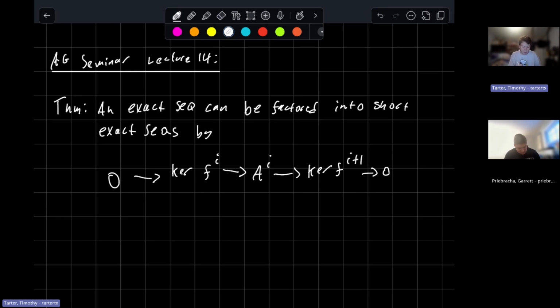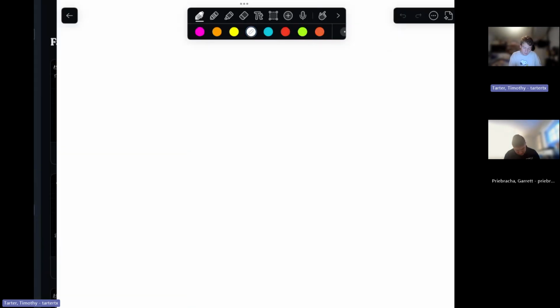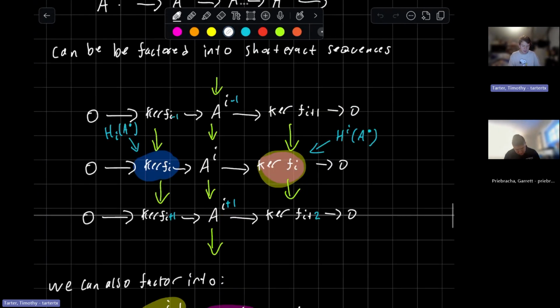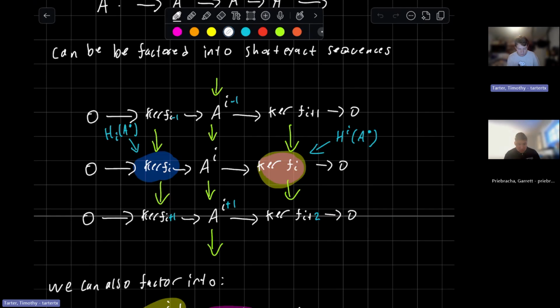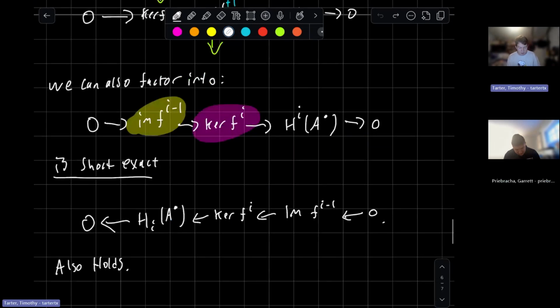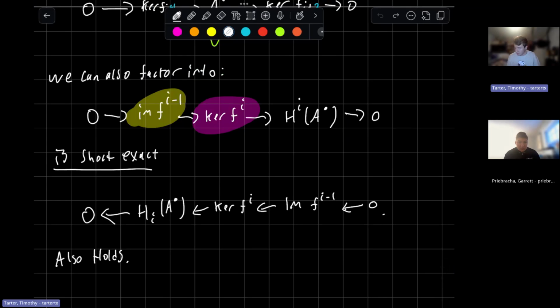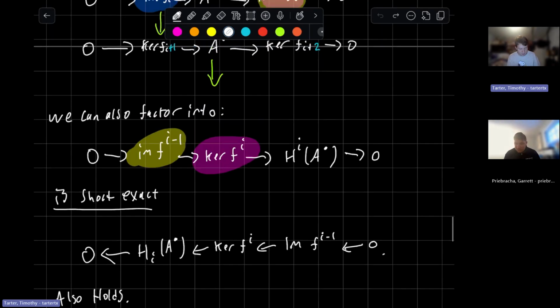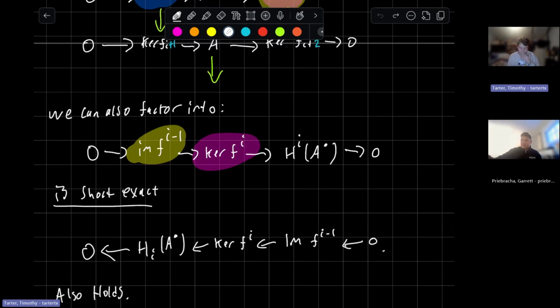And this was the picture that we showed yesterday. This is the ith cohomology group, and on the left is the ith homology group. And then we said that for complexes, we can factor into this form.